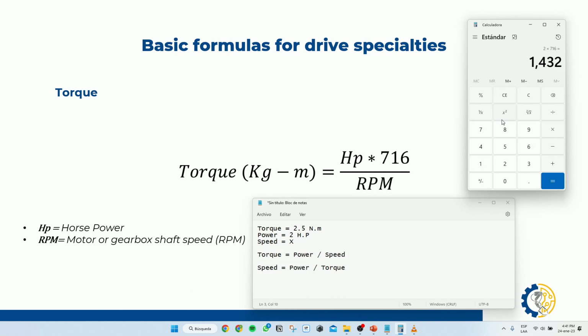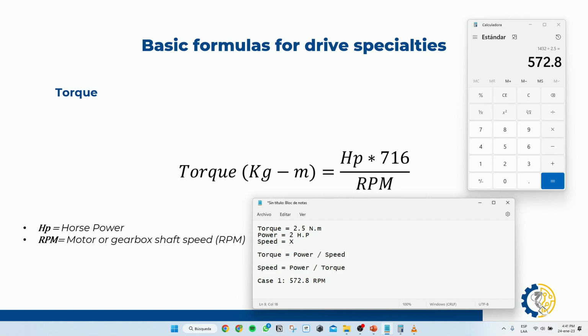That's 1432, over my torque, which is 2.5, equals 572 RPMs. So case number 1 equals 572 RPMs.